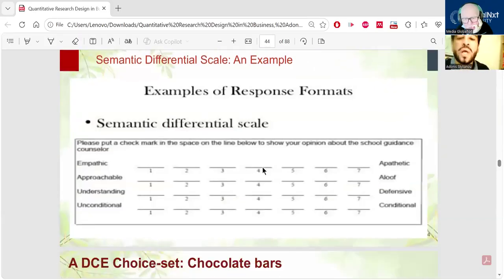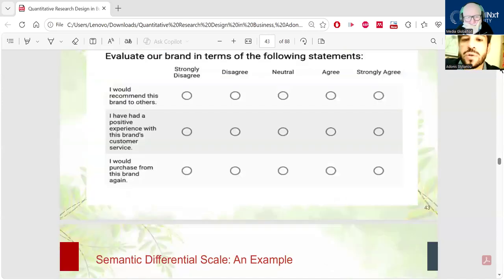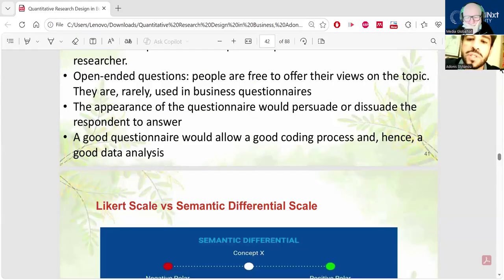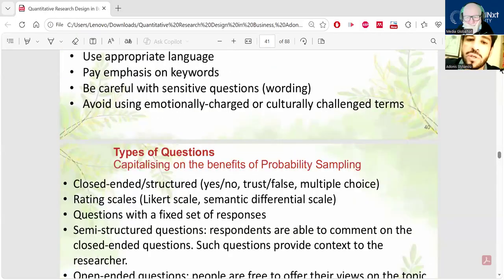For example, how are you going to differentiate those two levels in the middle when you're dealing with how empathetic a particular business manager is, something that is very demanding overall. And overall, when we're designing a questionnaire, we need to consider what makes a good question.